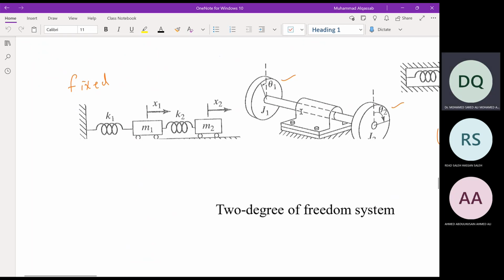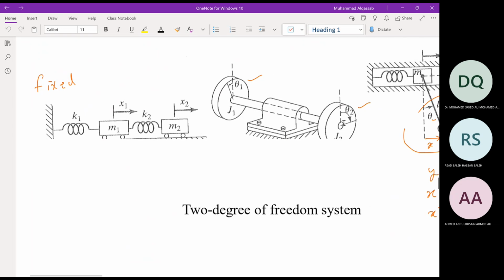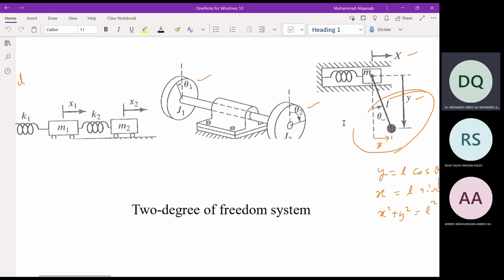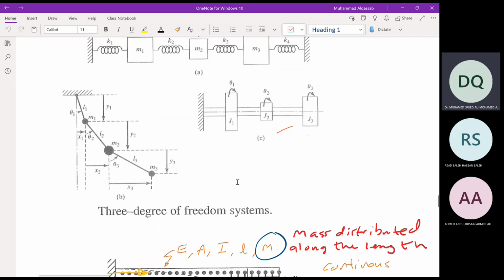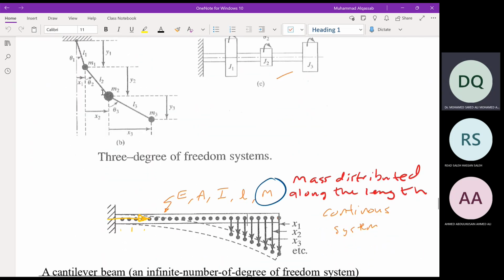Or you have a rotational system, θ1 and θ2, which are 2 independent coordinates. And of course, you have 3 degrees of freedom, and then up to a continuous system.